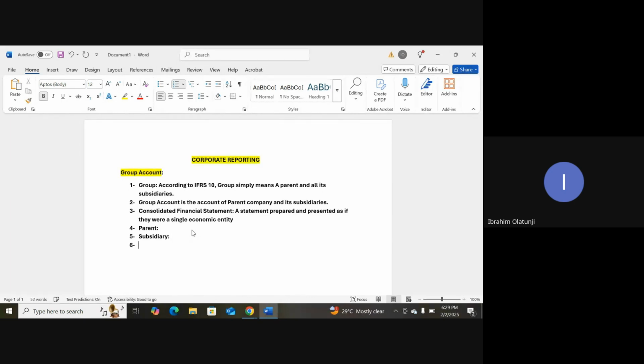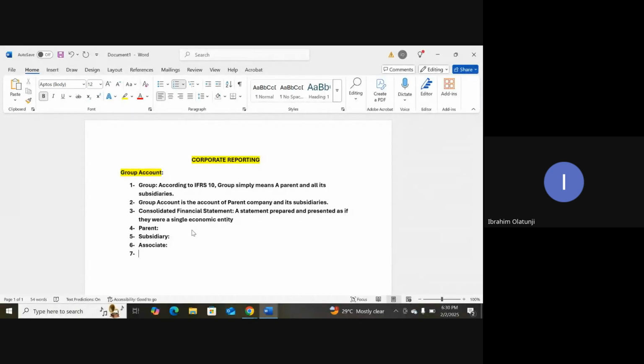Another thing that we also think of is an associate. An associate is an entity over which an investor has what is called significant influence. That's what an associate is.